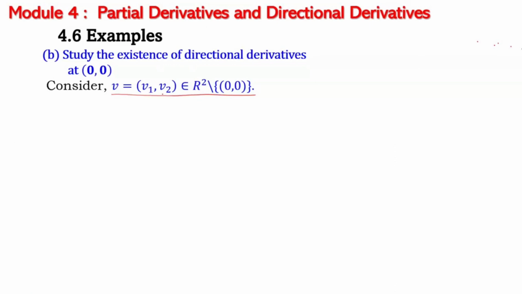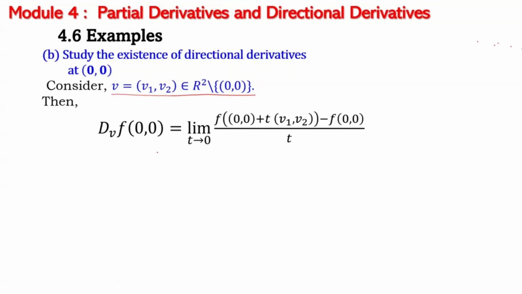Now we are going to find the directional derivative in the direction of v. We recall the definition of the directional derivative: D_v f(0,0) is the limit as t tends to 0 of f at the point (0,0) plus t along the vector v, that is (v1, v2), minus f(0,0).